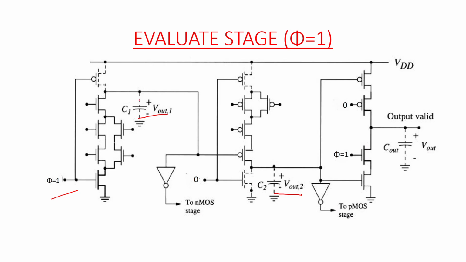But the important thing to note here is that the output voltage will be valid here, because this PMOS is also on and this NMOS is also on here.